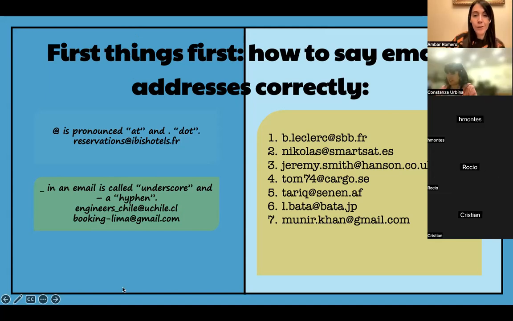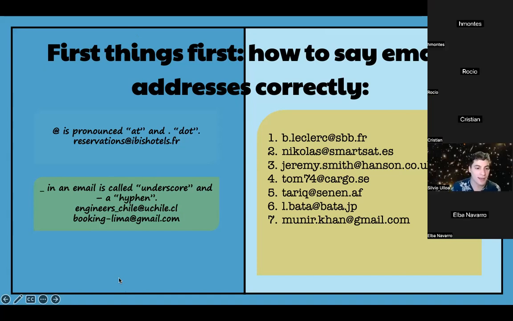Silvio, back to you. Number 6. L.bata at bata.jp. Right. So in this case, Silvio, I'm not very sure about bata because I don't know if it's bata, if it's vata, is it a B, a V, a T, a D?